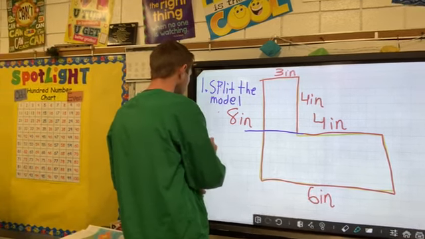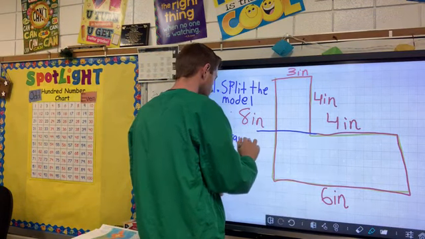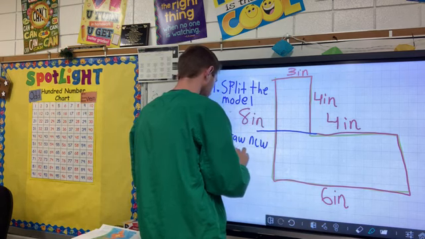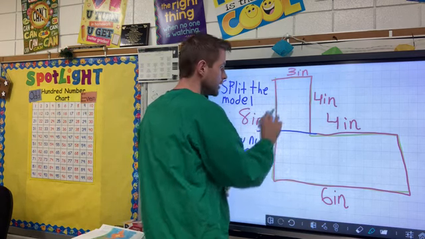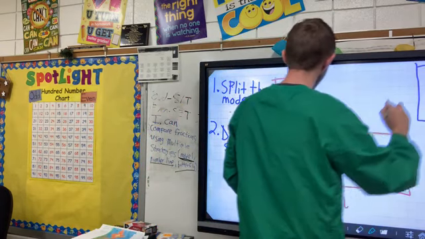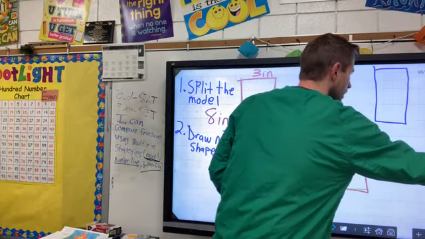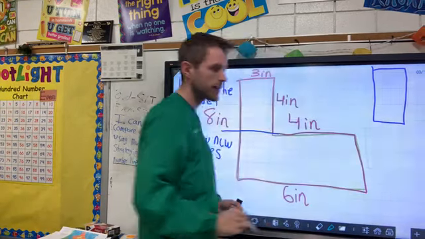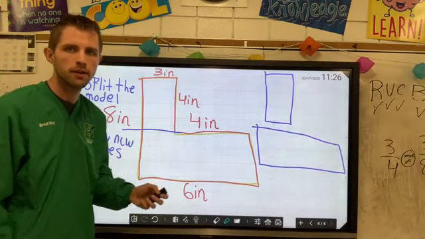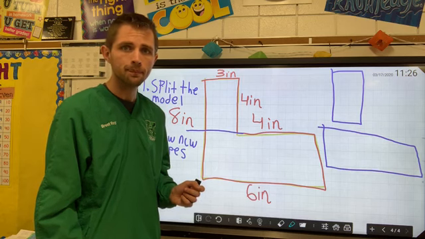Step 2 is to draw out your new shapes so you don't get confused. So I have sort of a longer, skinnier rectangle up top, and at bottom I have a wider, fatter rectangle. Okay? And I know it's not perfect, but just bear with me. Okay?